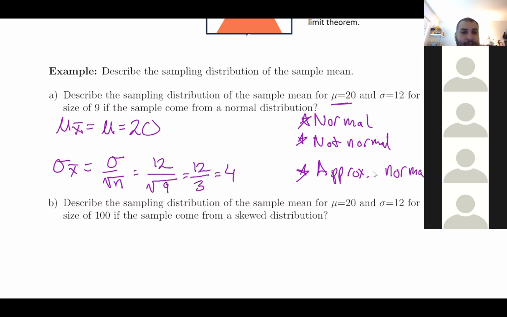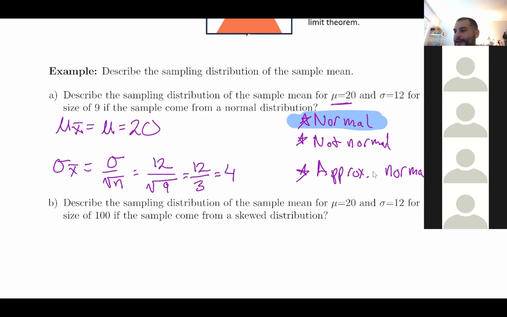So first, does the problem tell us this data set is normal? Yes. Since it tells us it's normal, we'll say it's normal. And that's it. So we have to really look into the example question to determine whether it's normal, not normal, or approximately normal. Correct. Okay, everybody good for part A?